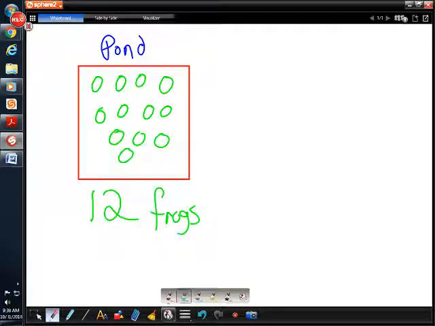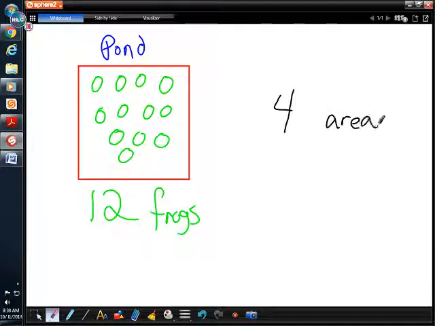All right, and let's say that in our story, these frogs want to share food. Okay, and we're going to say that there are 4 areas where those frogs know that the food always is. So it's 4 specific areas in our pond.